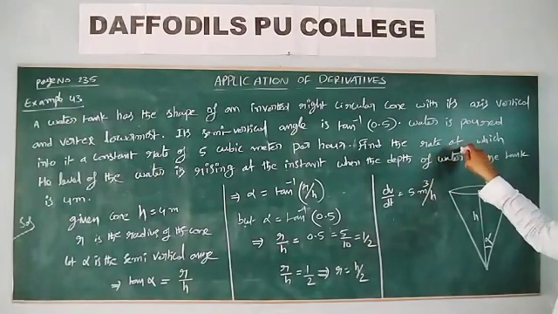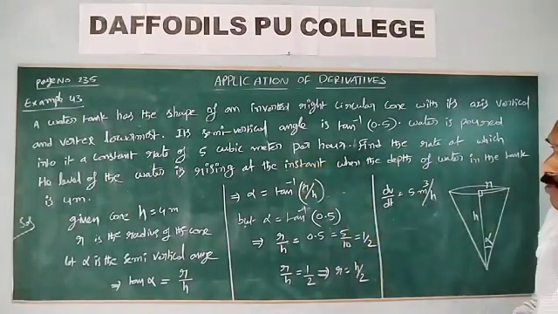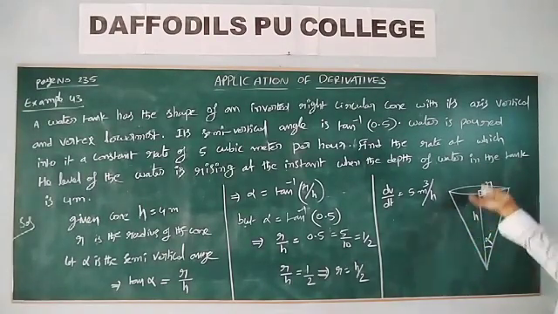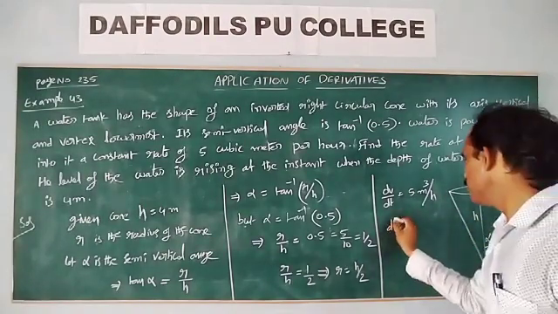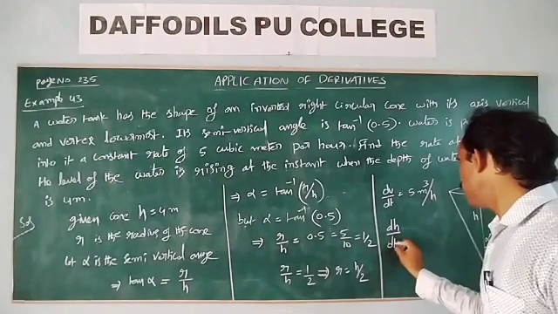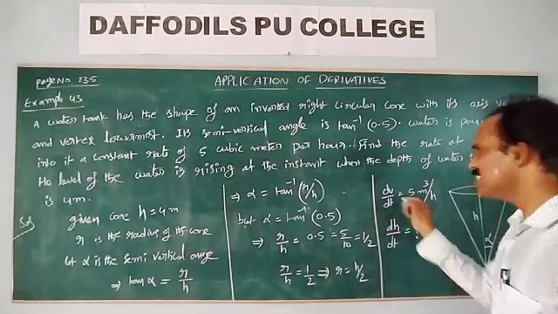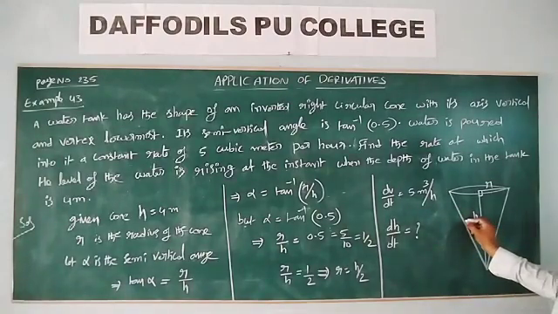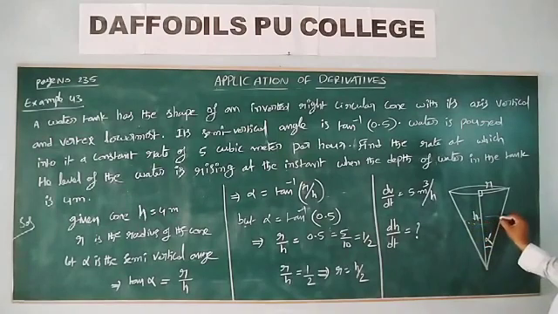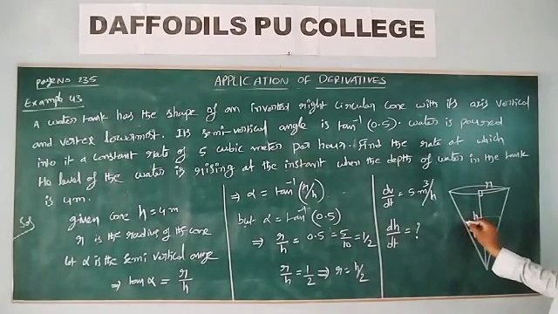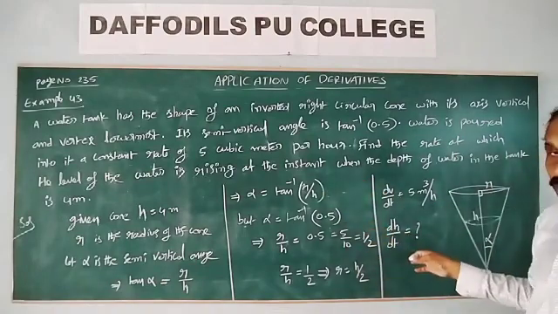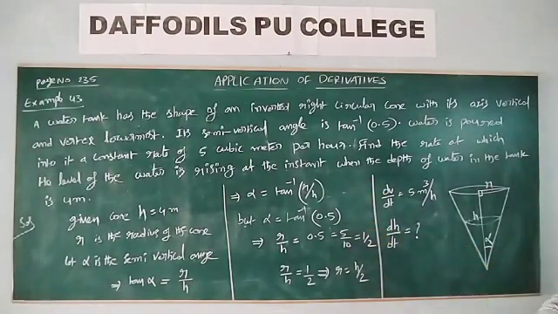Find the rate at which the level of the water is rising. The change in height, the rising height, is nothing but dh by dt that we will find. So this is the diagram, the given data, and what is to be found.